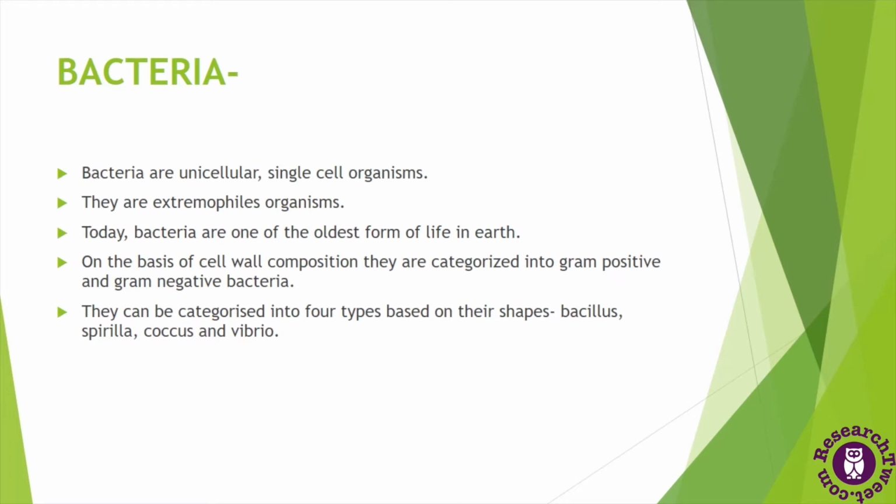On the basis of shape, bacteria can be categorized into four types: Bacillus, Spirilla, Coccus, and Vibrio. Cocci are spherical shaped bacteria, bacilli are rod shaped, spirilla are spiral shaped, and Vibrio are comma shaped bacteria.